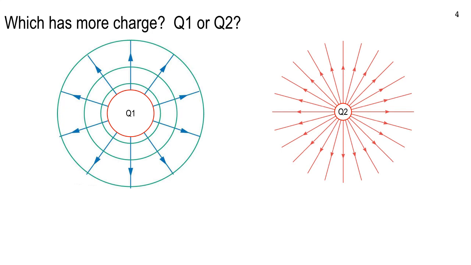If you're looking at me, you're volunteering. You've got to speak up because you're at the corner of the room. Basically, Q2 has more charge because it has more arrows than Q1. More field lines. Right. That's assuming it's the same person sketching it and the same convention and so forth. Fellas, what are you guys doing over there?